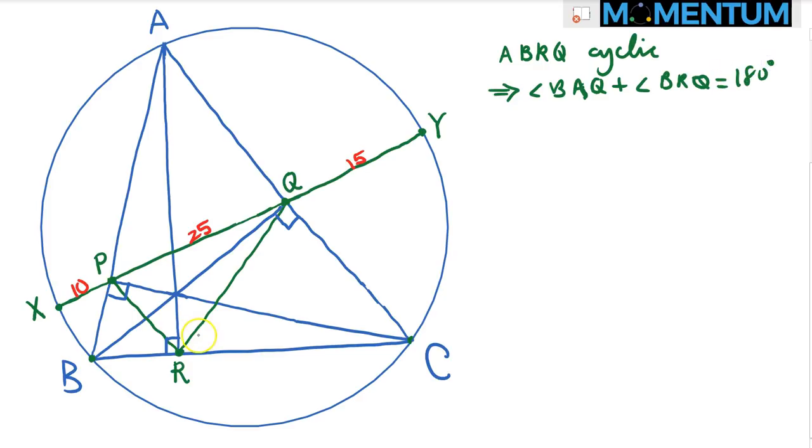And as such, the complementary angle, this angle here, also measures A. By the same token, you can easily see that this angle here will also measure A as well.